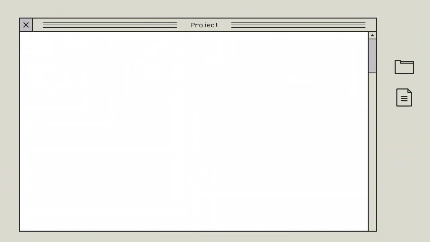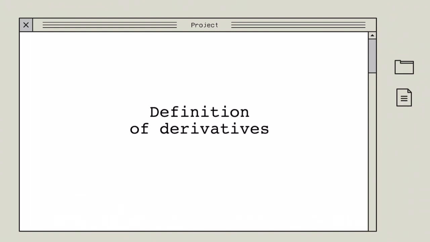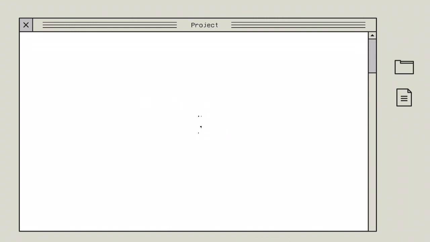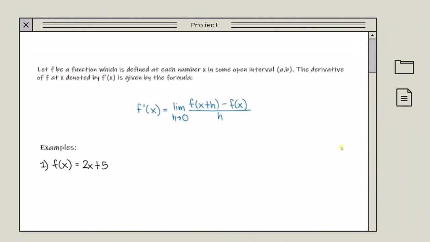So yan, pag-uusapan natin ngayon dito ay kung paano mag-solve ng derivative by its definition. Let f be a function which is defined at each number x in some open interval (a, b).